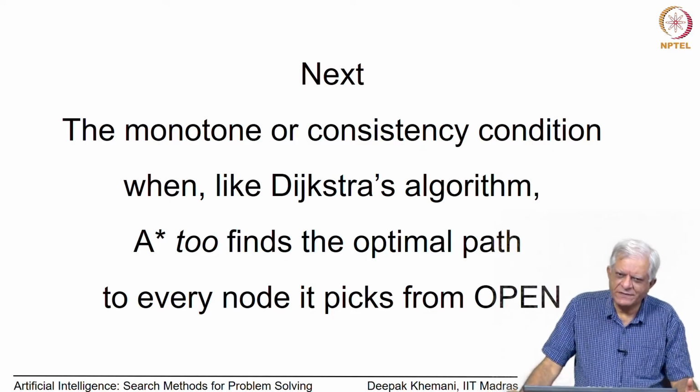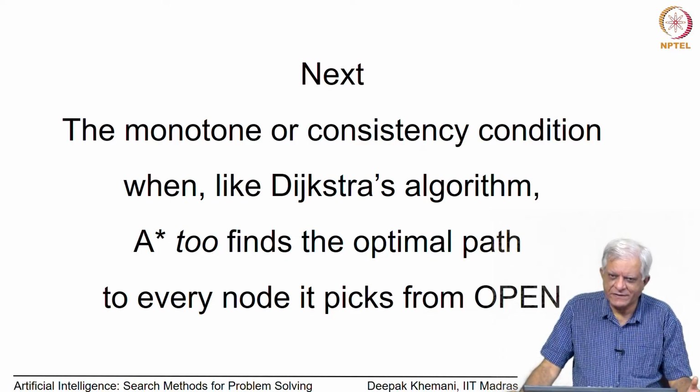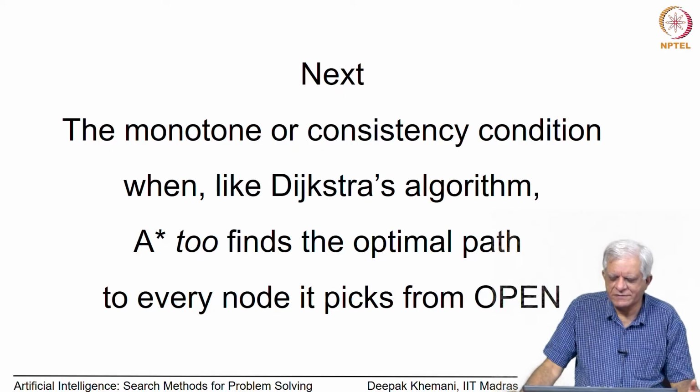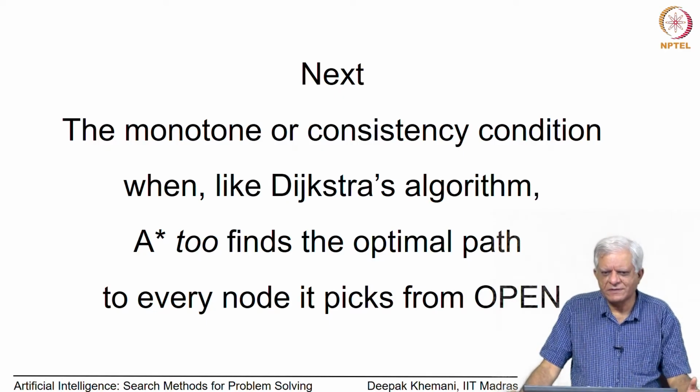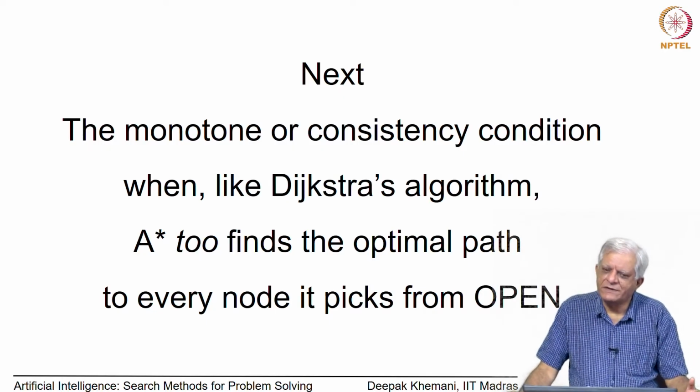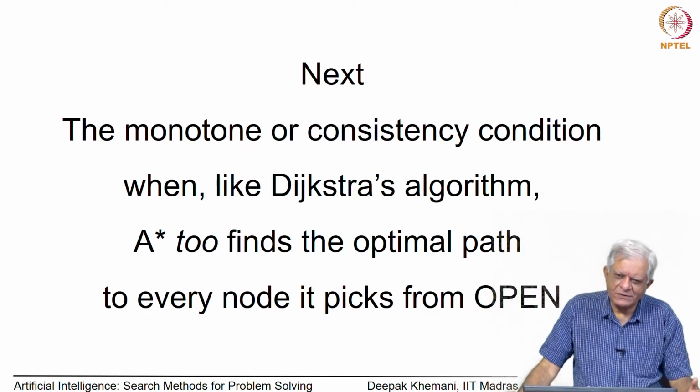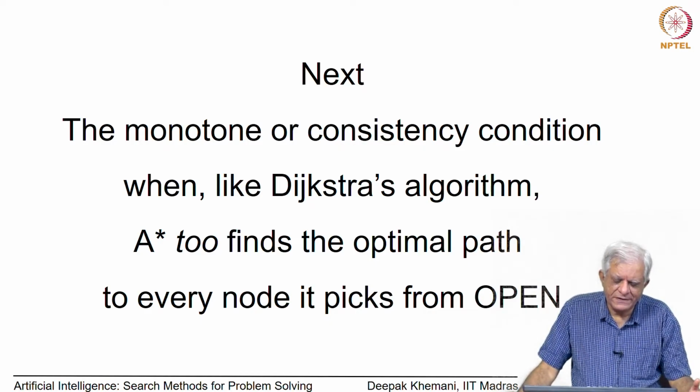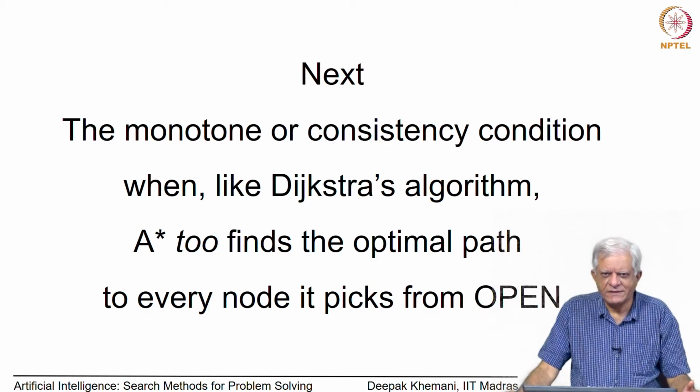The conditions were that the branching factor is finite, that edge costs have a minimum positive value, some epsilon which is a lower bound, and most importantly that the heuristic function underestimates the distance to the goal essentially.